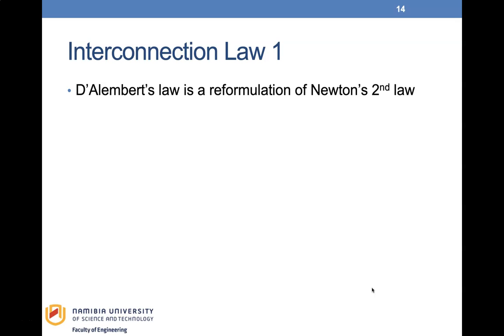So let's look at a few laws that have been used to develop these equations. D'Alembert's law is the reformulation of Newton's second law, and so Newton's law stated the sum of forces exerted on the element is equal to m dv/dt, or ma.